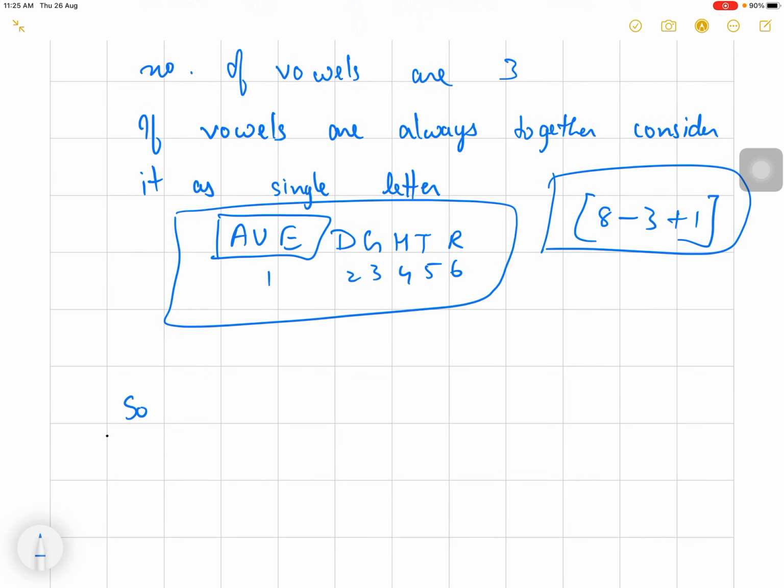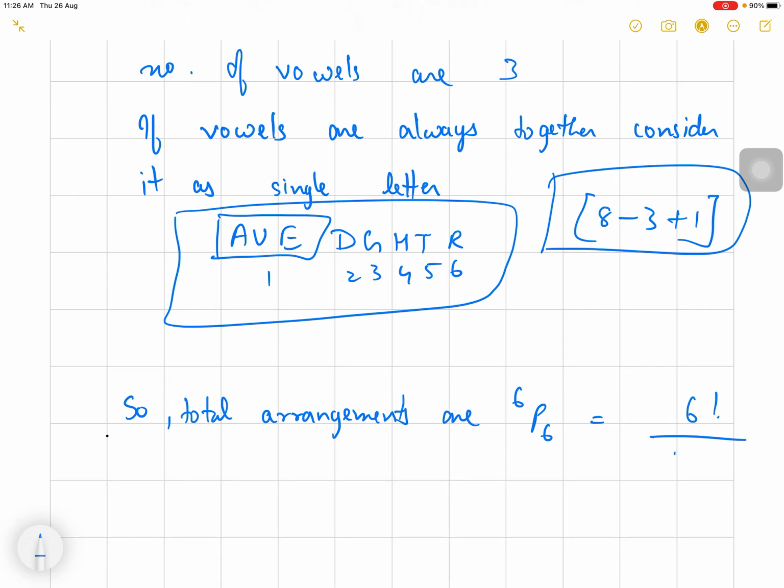Okay. So total arrangements are 6P6, 6 letters and 6 places.